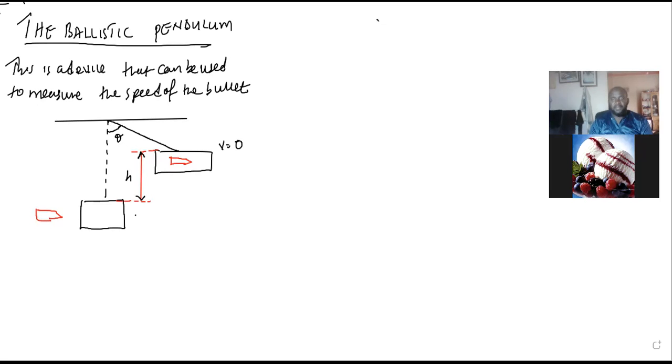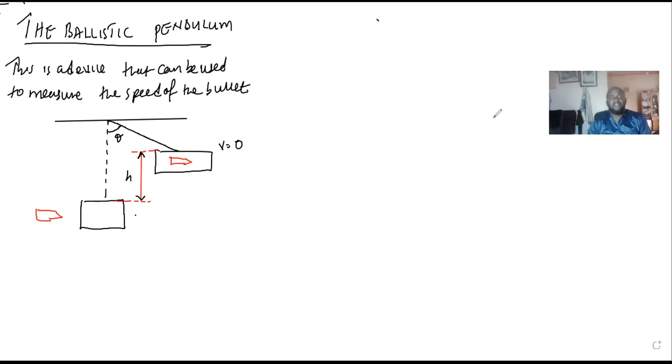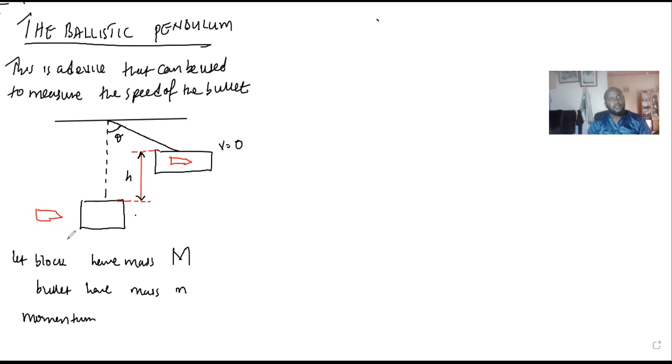So according to this ballistic pendulum, it is used to measure the speed of the bullet. If a bullet is shot to a block, and you let the block have a mass, capital M, and then the bullet have a mass, small m, then momentum conservation before, and the bullet would be having a velocity u.